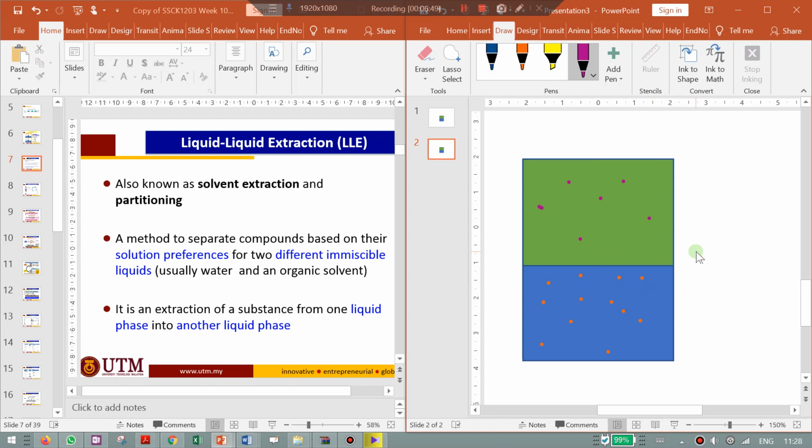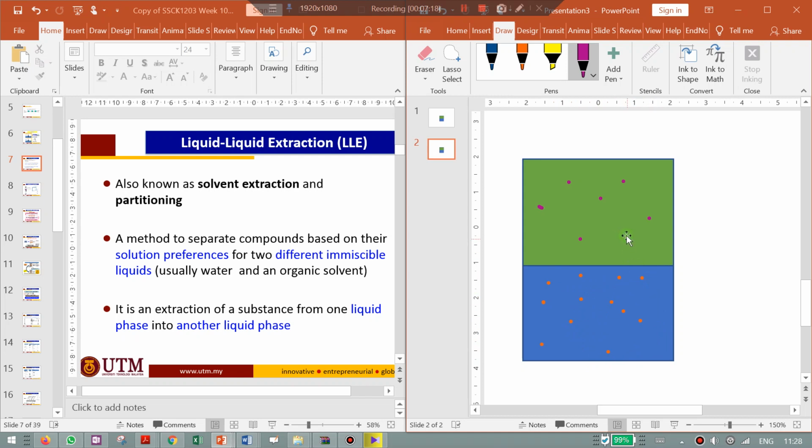If you ask my opinion, I will always choose my extraction solvent to have less density compared to my sample solution.